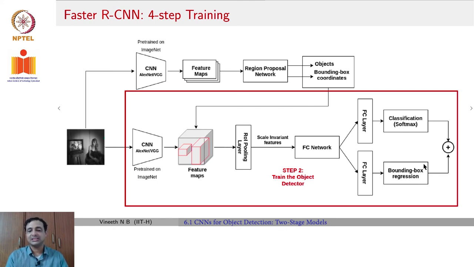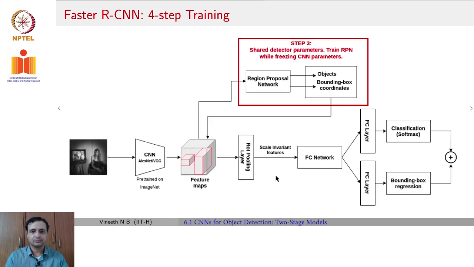The rest of it stays very similar to Fast RCNN, and you train all these weights using your classification loss and bounding box regression loss, where now the classification loss tries to categorize a region into any of say 20 objects or how many ever objects you have in a given problem setting. So this is the second step, which is very similar to what is done in Fast RCNN.